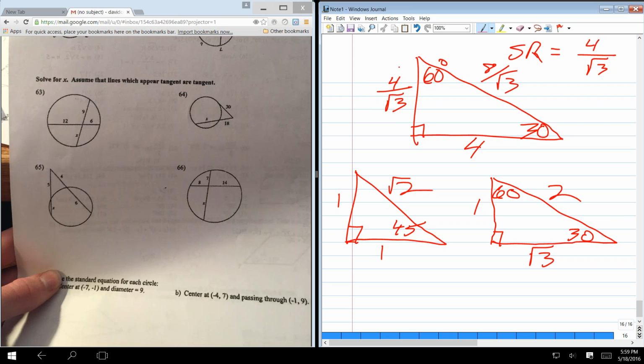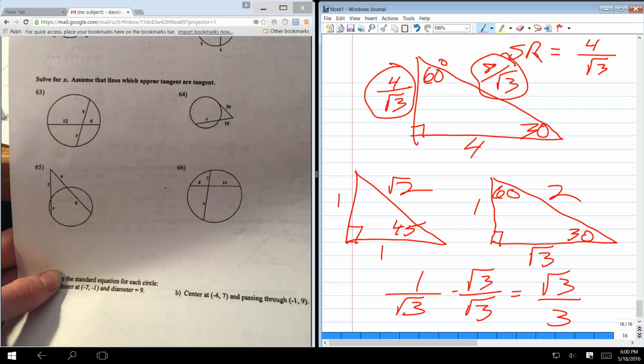Now, of course, each of these has to be rationalized. You can't give an irrational answer. But do you know how to rationalize problems? That's what I don't know very well. All right, I'll do one of them. If I'm rationalizing this, I'm going to multiply top and bottom by root 3. And that gives me root 3 over 3.